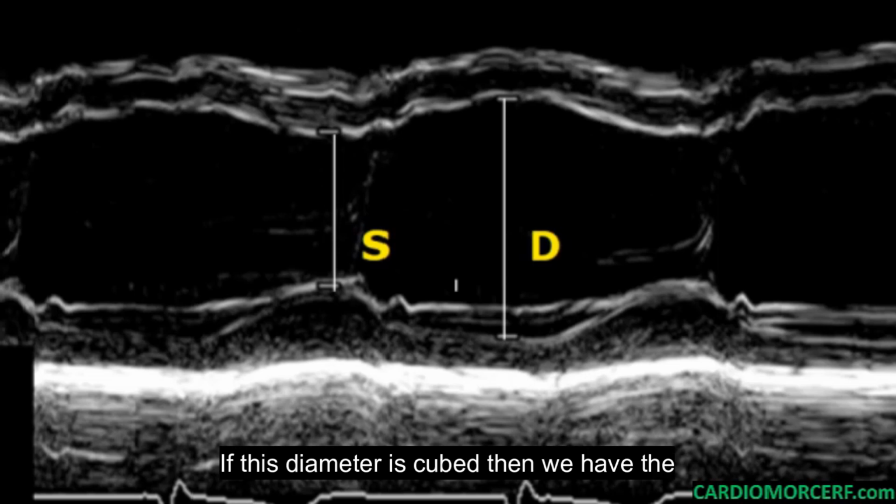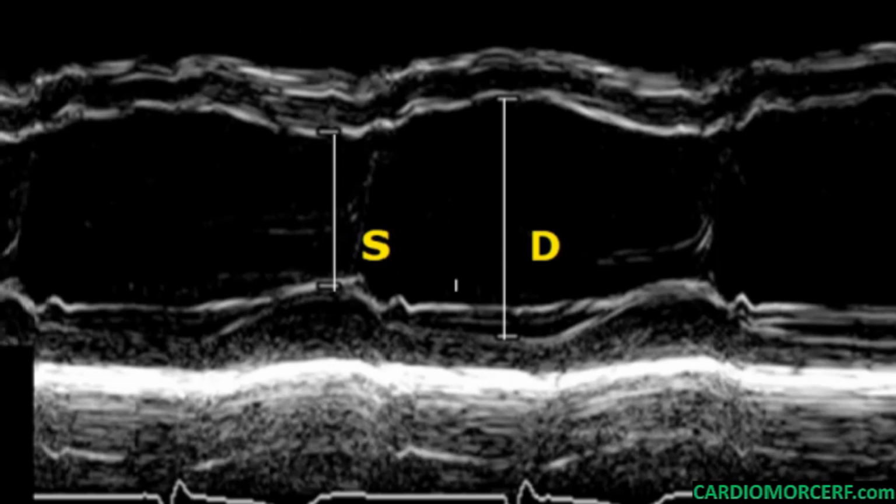If this diameter is cubed, then we have the systolic volume of the left ventricle. Then, the ejection volume equals the diastolic volume less the systolic volume, and the ejection fraction, the ejection volume by the diastolic volume times 100.